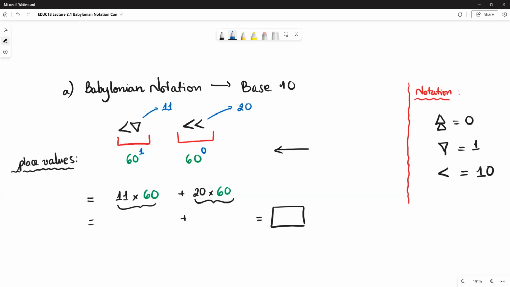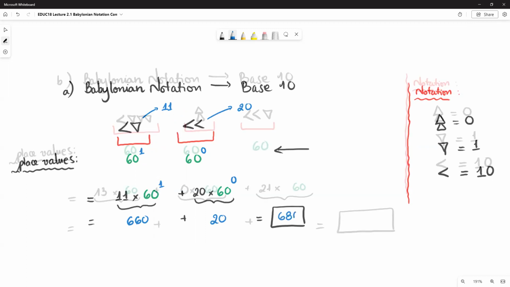Next, we do the calculation: we use the value and multiply it by the place value. So over here, we have 11 times 60 power 1 plus 20 times 60 power 0. Over here, we have 660. Here we have a 20. So the final answer is 680.